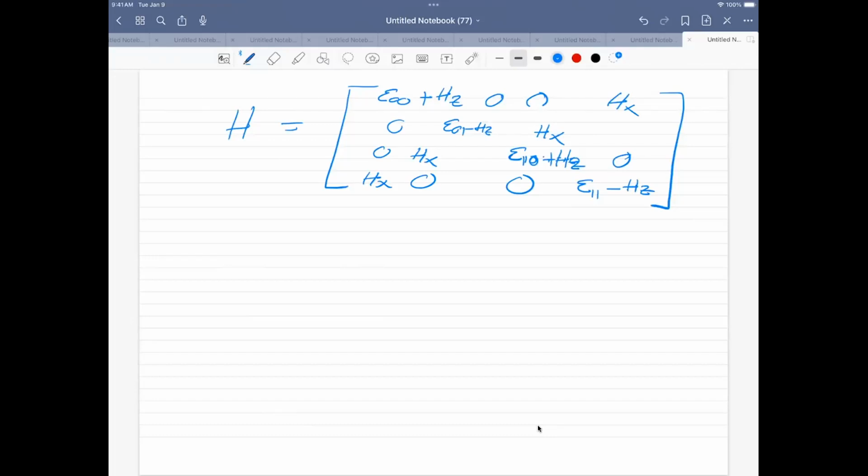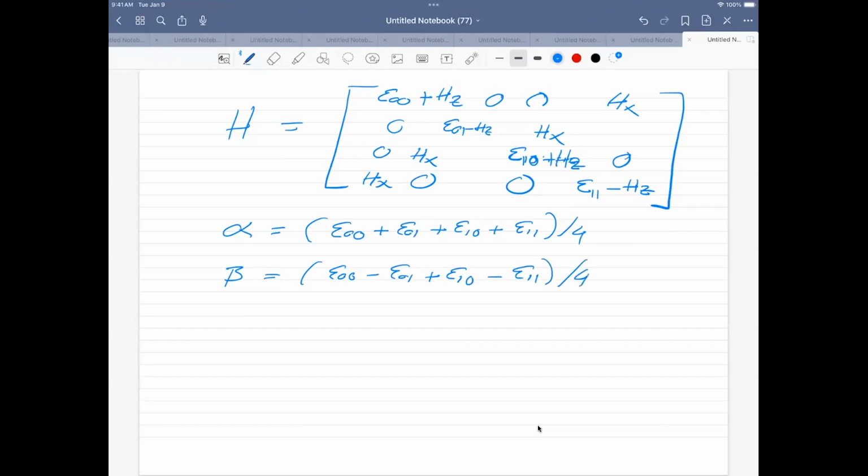So what I did when I rewrote these parameters: I had this parameter alpha, which I can rewrite as epsilon 0,0 plus epsilon 0,1 plus epsilon 1,0 plus epsilon 1,1. When you do the arithmetic here, you will get back the results we put up on the previous slide. The parameter beta is epsilon 0,0 minus epsilon 0,1 plus epsilon 1,0 minus epsilon 1,1, divided by 4. Then gamma is epsilon 0,0 plus epsilon 0,1 minus epsilon 1,0 minus epsilon 1,1, divided by 4.